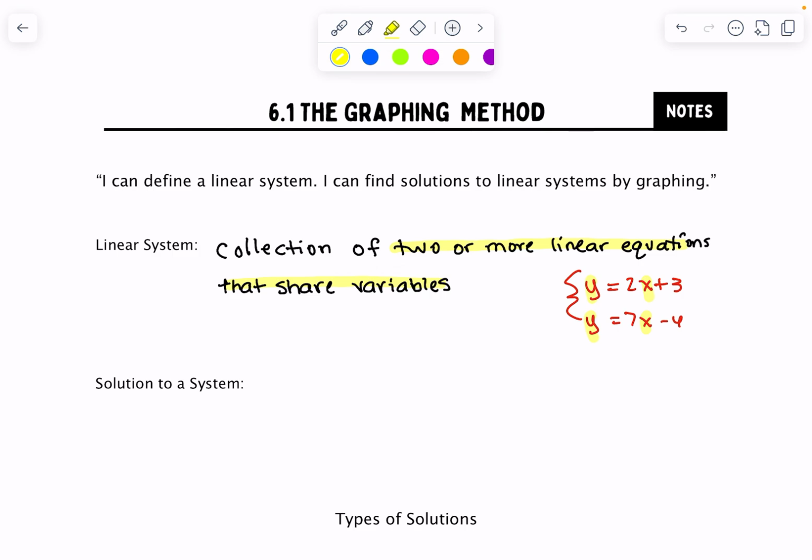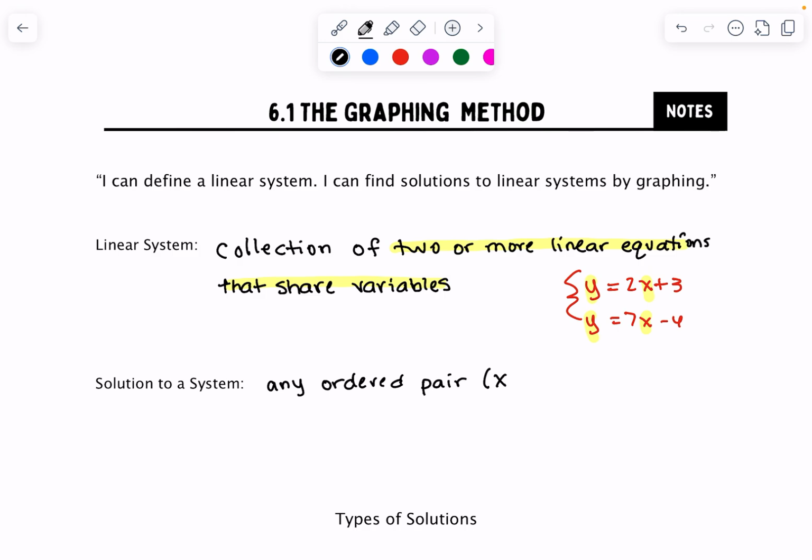Okay, so what exactly is solving a system, and what does that mean? A solution to a system is really any ordered pair, because this time you're going to have two answers instead of just one answer.